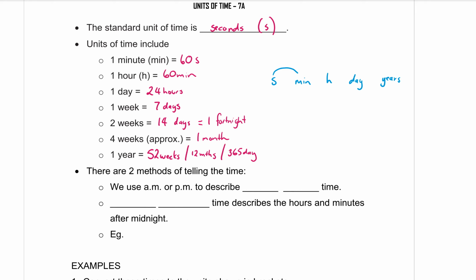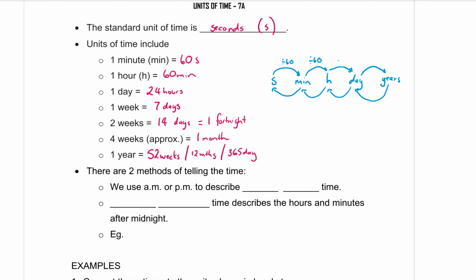So we put arrows pointing to the right, going across the top, and going to the left on the way back. So as we know, every minute has 60 seconds, so we would divide by 60 to go from seconds to minutes. We would divide by 60 again to go from minutes to hours.